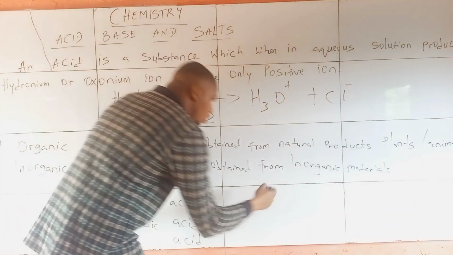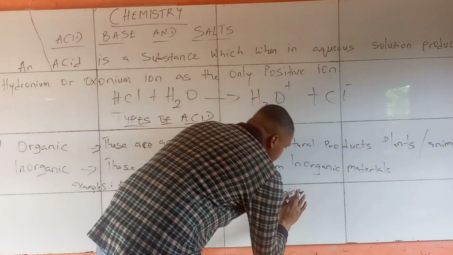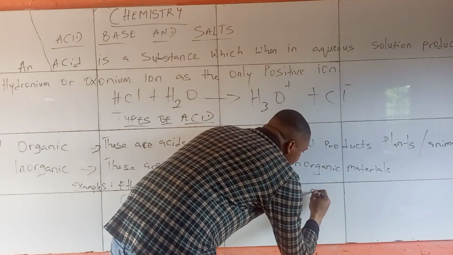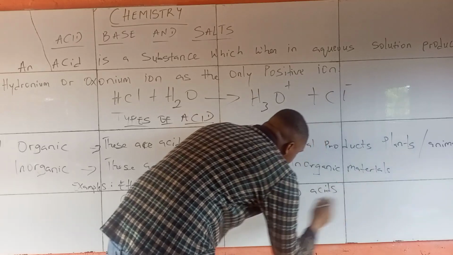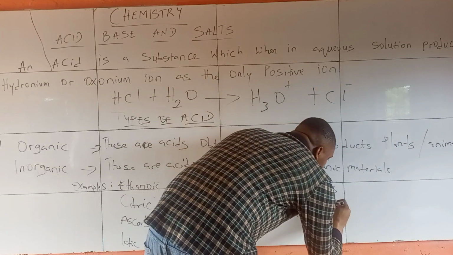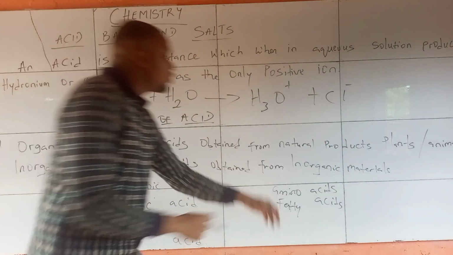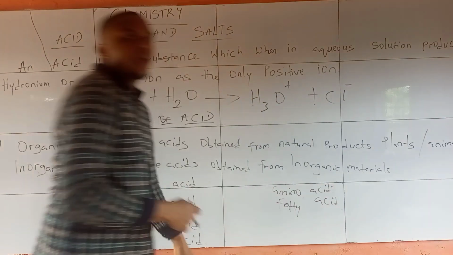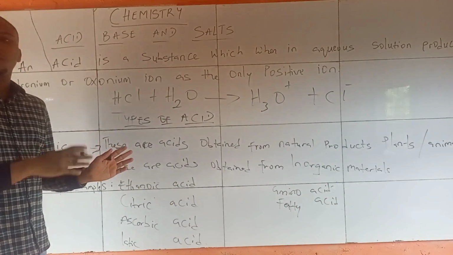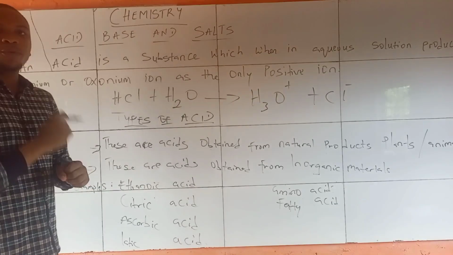You also have your, okay, let's say amino acids, fatty acids. These and lots more are examples under your what? Organic what? Acid. Examples under your organic acid.